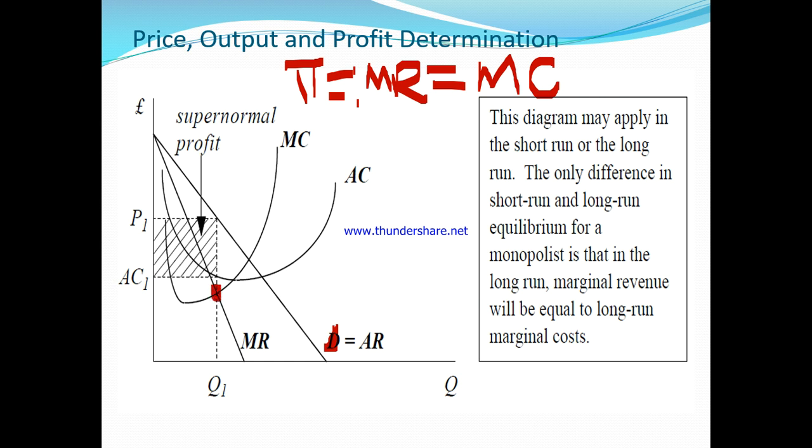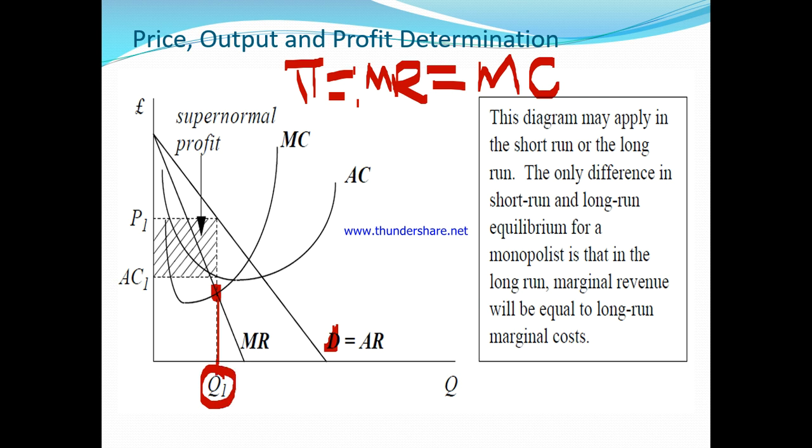Okay? So to determine the level of output that maximizes profit, you just do as under perfect competition. You go to the axis containing output, so our profit maximizing output is Q1.